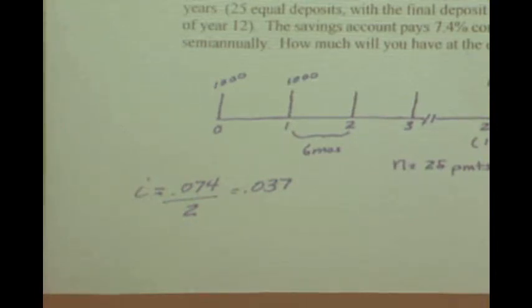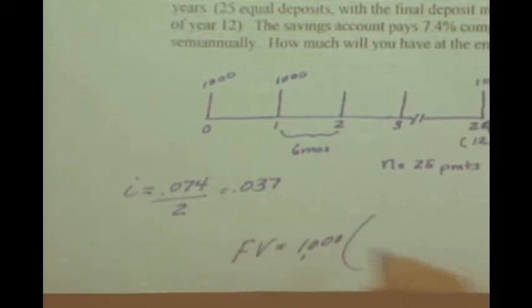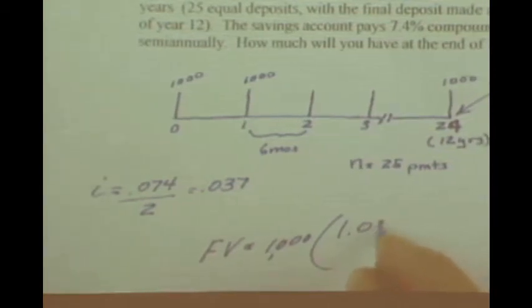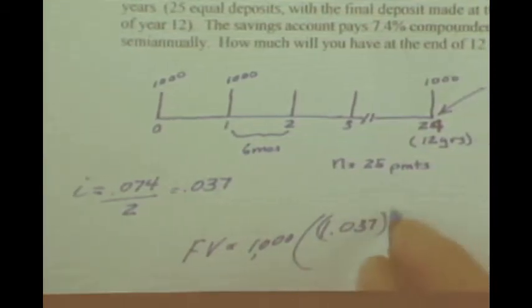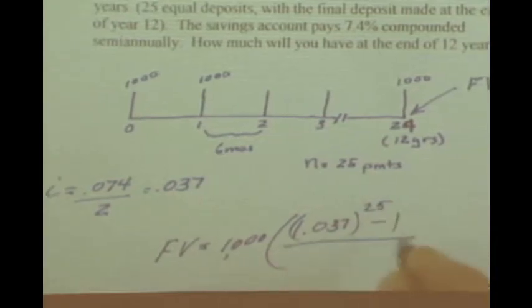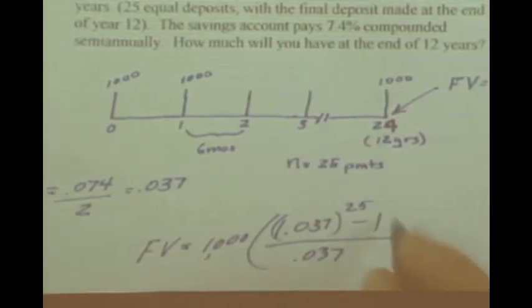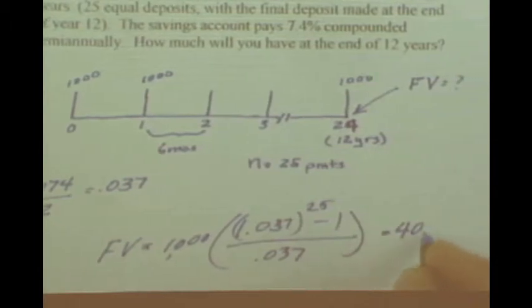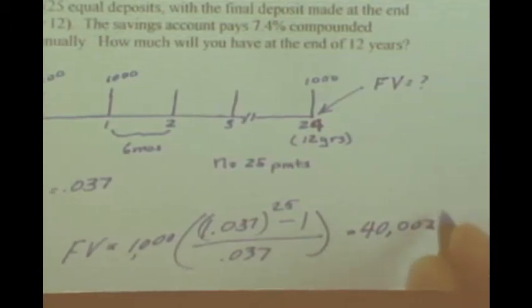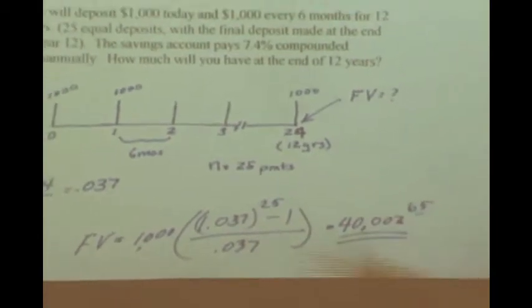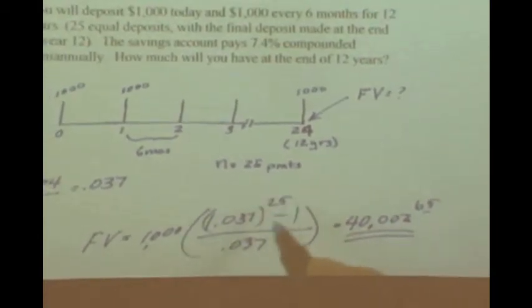This rate is compounded semi-annually, so what we have is a 6-month rate equal to our stated annual rate divided by 2. 0.037 is the rate we use in our annuity equation. 1,000 is the payment amount. N is 25, the number of payments.